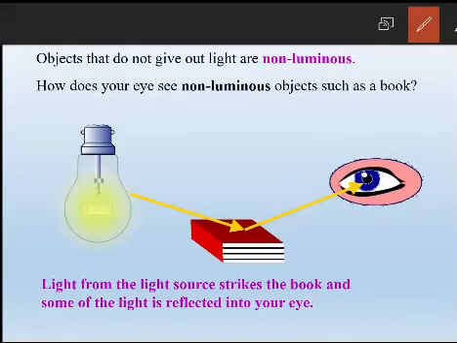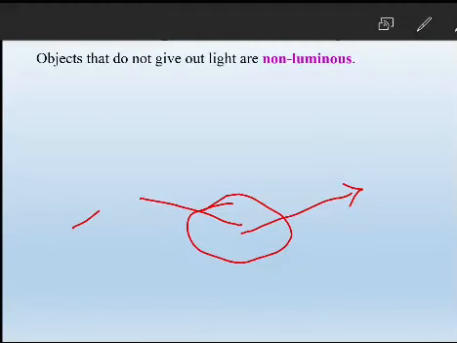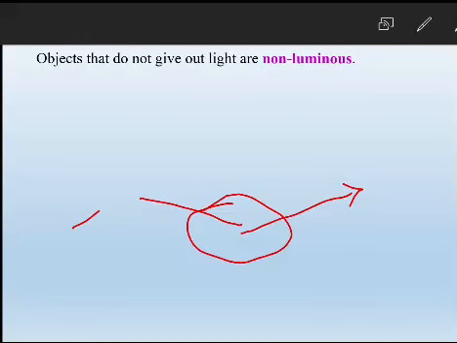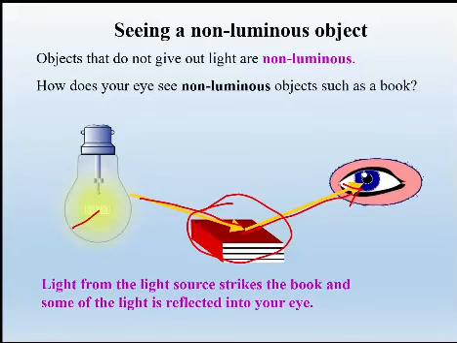Light from this light source strikes the book, and some of the light, not all, is reflected into your eye, and you can see non-luminous objects such as the book. That is the simple way in which we can see luminous and non-luminous objects. So always remember, in a luminous object, straight light from the object enters into our eye, and in a non-luminous object it is reflected.